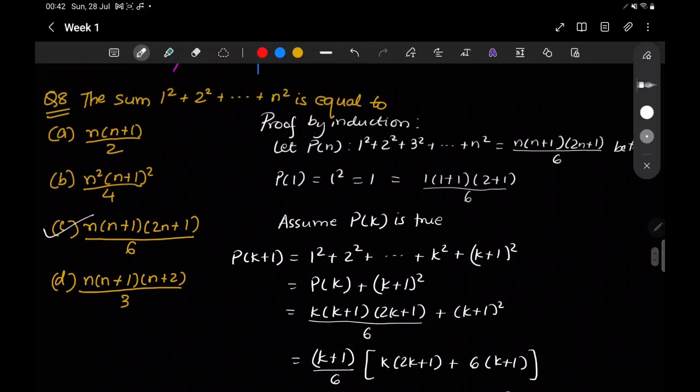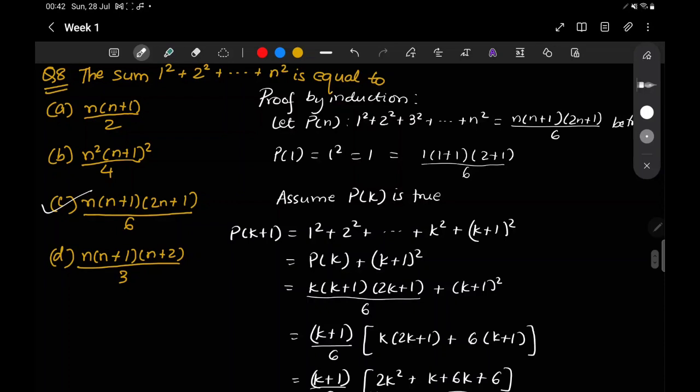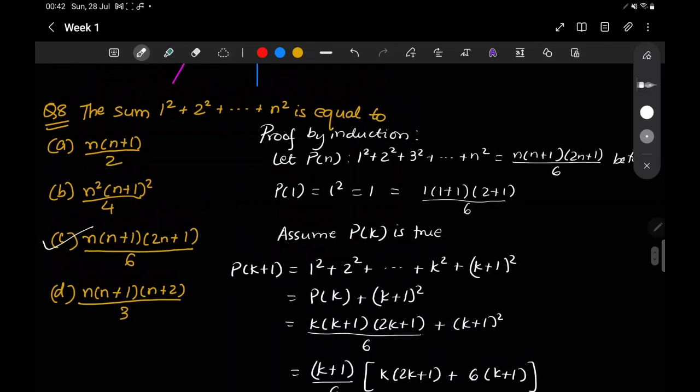Just to repeat, in proof by induction, we assume that a particular statement is true, and then we show that it is indeed true. So first we have assumed that it is true, then we actually show why it is true. Why it is true? Because it is true for n equals 1, and if it is true for n equals k, and if we show that then it is also true for n equals k plus 1, then that means it will be true for all n.